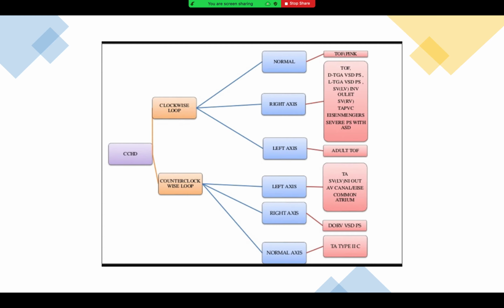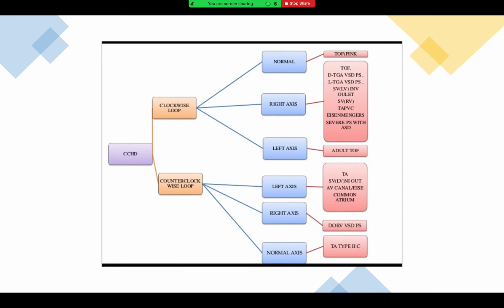Okay. So for example, you can again classify them into the clockwise loop and counterclockwise loop. In the clockwise loop, you try to see the axis. Is it normal? If it is normal, then you can think of most of the times tetralogy of Fallot. But if it is right axis, there will be a lot of differential diagnoses. However, if it is going to be left axis, it will be an adult tetralogy.